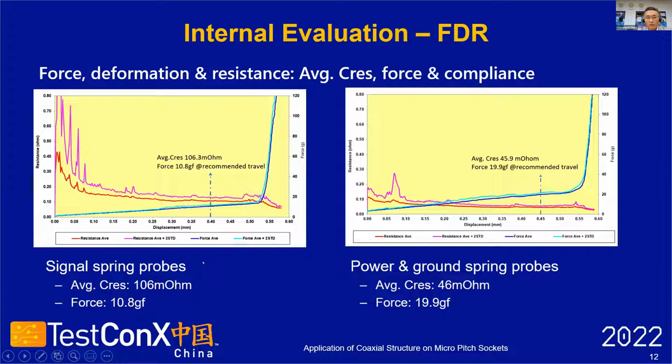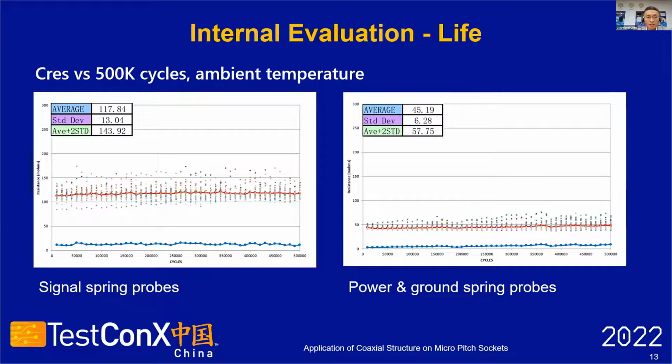For the power ground pin, average resistance is about 46 milliohms, with force about 20 grams. It meets our design intention. For the life performance, you can see from both charts, the resistance of these two pins along the whole pin life of 500K is quite stable.